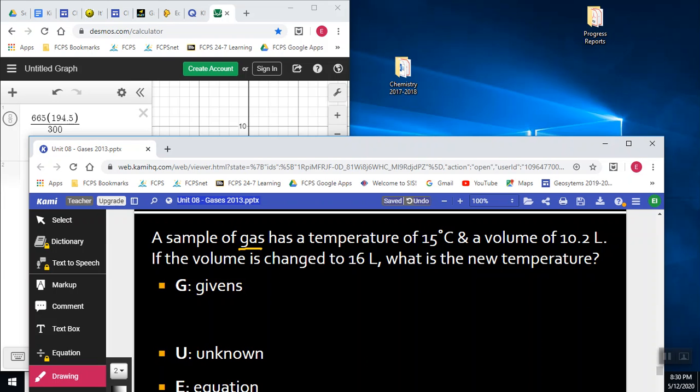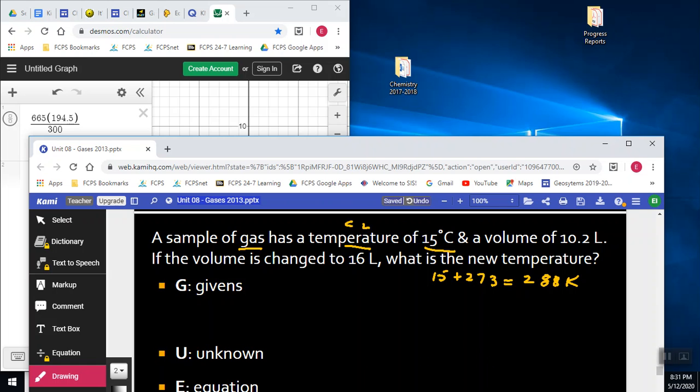I've got a gas, so I'm thinking gas laws. I've got a temperature, so I'm thinking Charles' law. And I've got Celsius, so I've got to convert that to Kelvin. I'm just going to take my 15 plus 273, and that would be 288 kelvins.